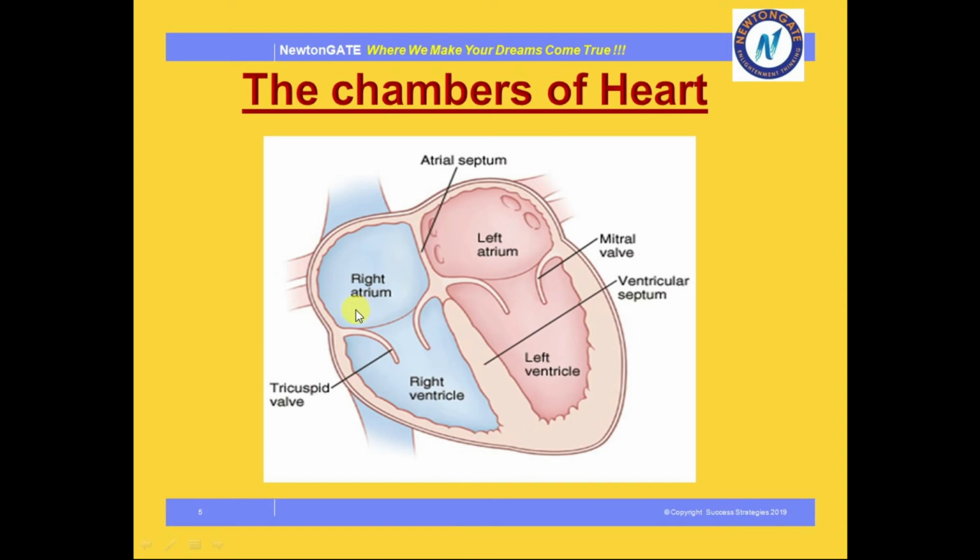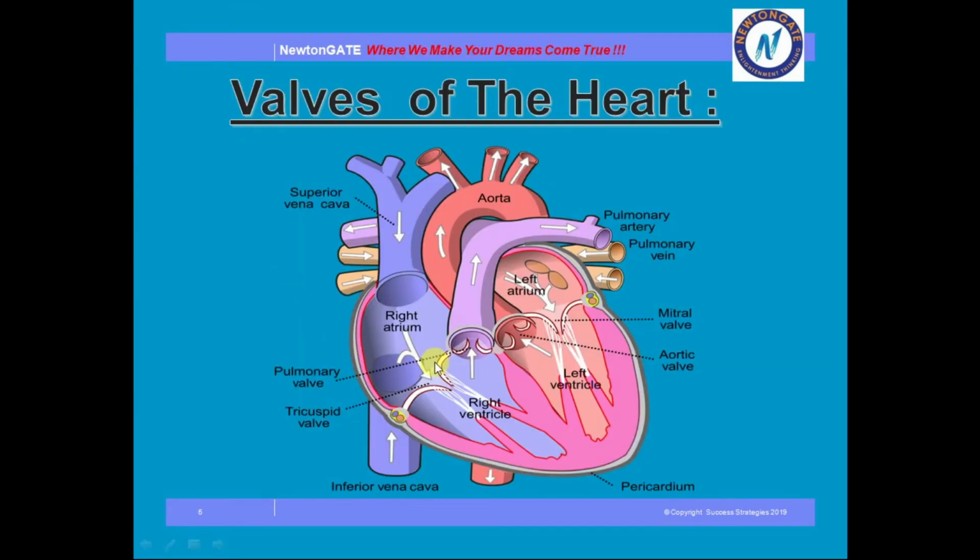The right and the left are again divided into atrium and ventricle, right? And the valves are also there which prevent the backflow of the blood. The valves are tricuspid valve, bicuspid valve, pulmonary valve and aortic valve.